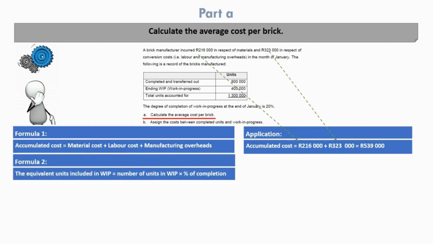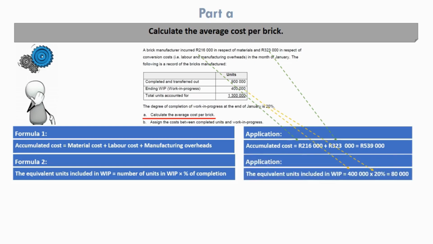Equivalent units are calculated by multiplying the units included in work in process by the percentage of completion. In this scenario, there's 400,000 units in work in progress, and these units are 20% complete. The equivalent of 400,000 partially complete units is 80,000 complete units.